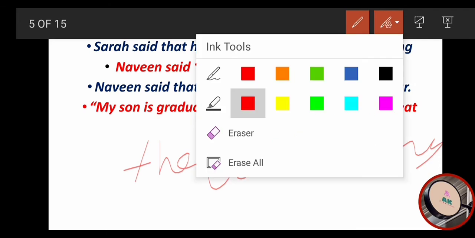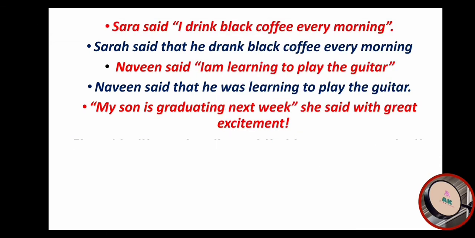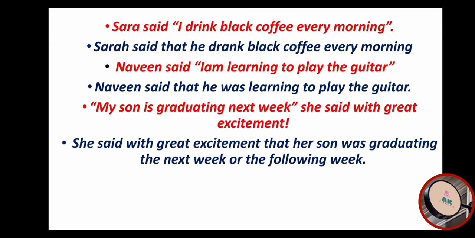Now we'll have a look at the answer: she said with great excitement that her son was graduating the next week or the following week. Okay, so you are getting the point, right? Yes, you have to get the points. I am going to show examples that will be a little bit tricky, but you may get an idea.